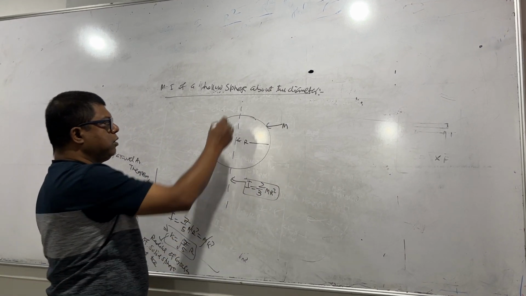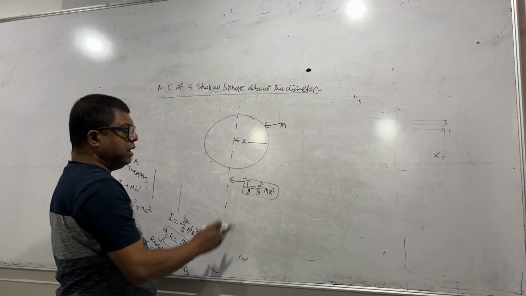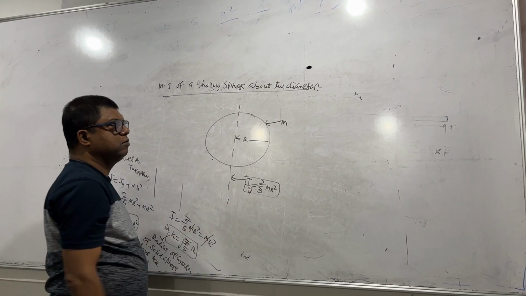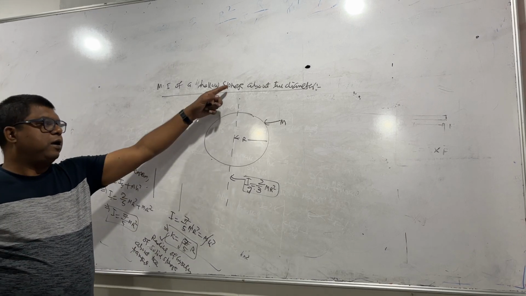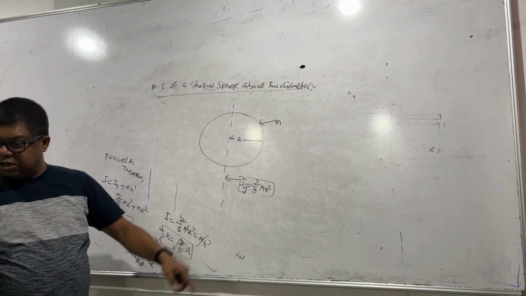This is the moment about an axis that passes through the center of gravity, or through the diameter. Let it be IC. IC, meaning about an axis passing through the center of gravity or a diameter, is equal to 2 by 3 MR square.